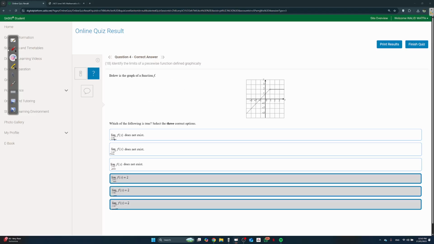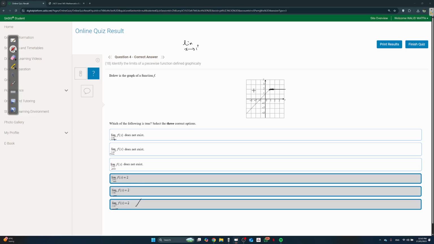What difference does it make? When you're approaching something from the plus, that means you're approaching it from the positive side, so from the right side. Over here, as I approach 1 from the right side, I would be on the horizontal line, and the y value therefore would be 2. So as you approach 1 plus, you're getting 2.